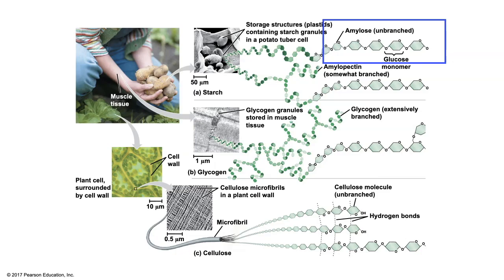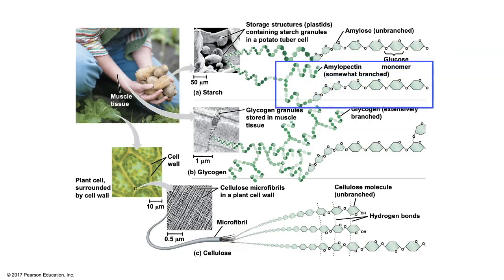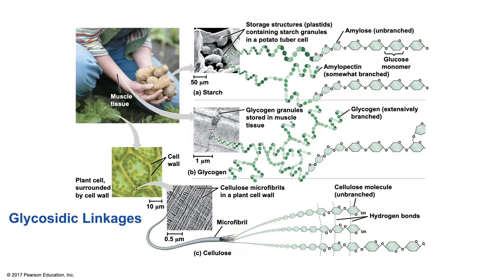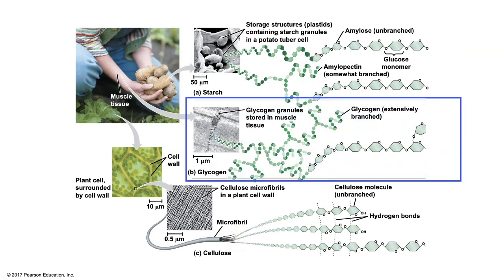The glucose monomers are joined in just a linear chain, and if we add branches to amylose, we create another type of molecule called amylopectin. As a reminder, all of the monomers on this page are joined again by glycosidic linkages, bonds that join sugar monomers to form carbohydrates. Next is glycogen, which is shown in image B.